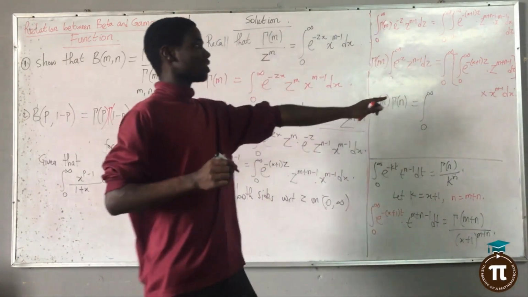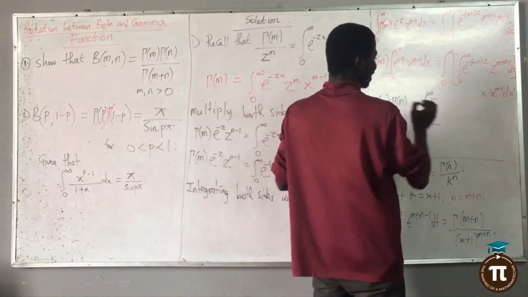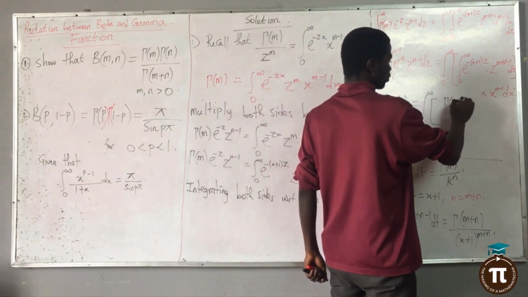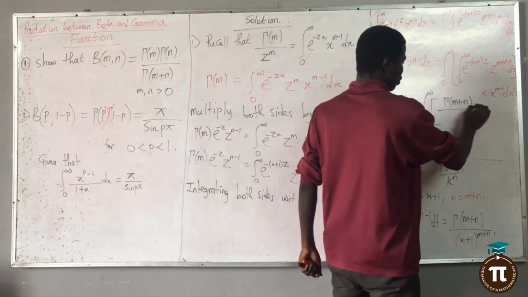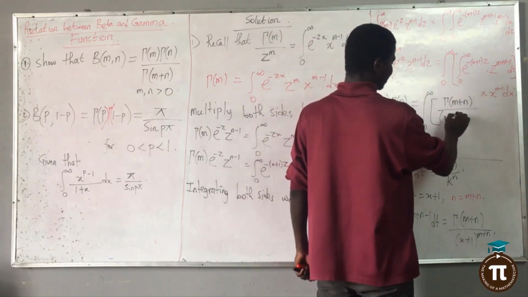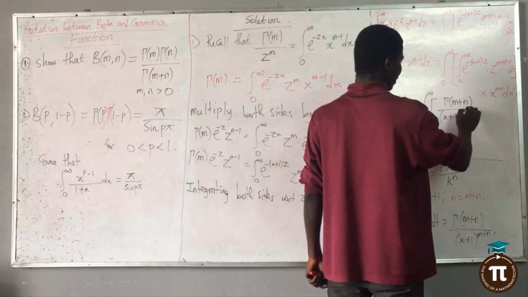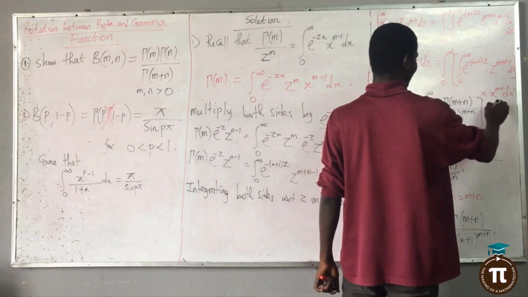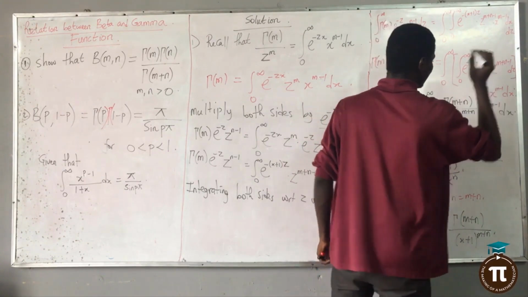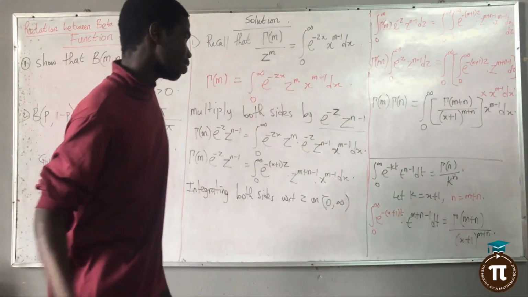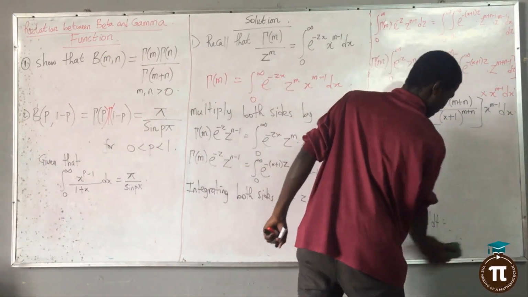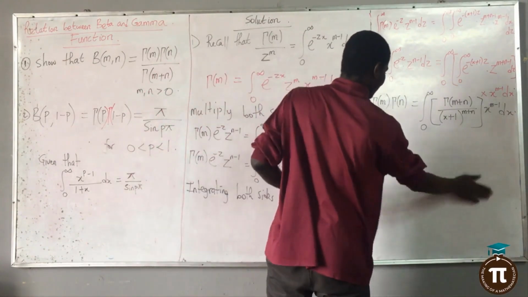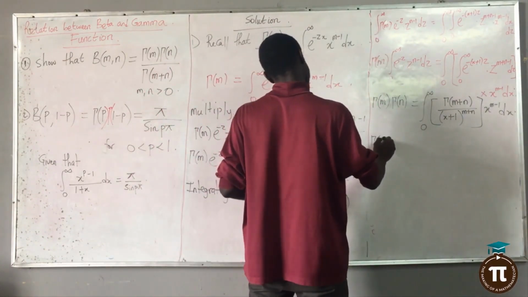So that means in this case, the integral of what is in the bracket is exactly gamma of n plus n over (x plus 1) raised to the power of n plus n. Then outside the integral, I still have x raised to the power of n minus 1 dx. So at the end of the day, I have gamma of n.